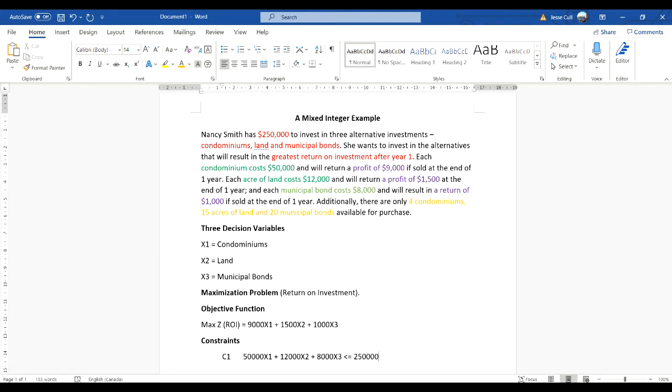That's our first constraint. No matter how many condominiums, how much land, and how many municipal bonds we buy, it must be less than or equal to 250,000.